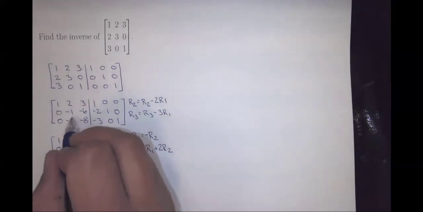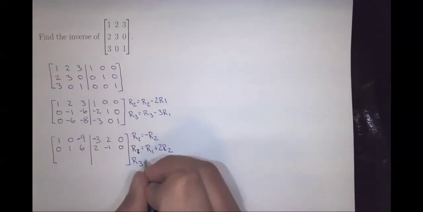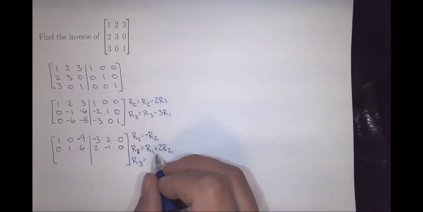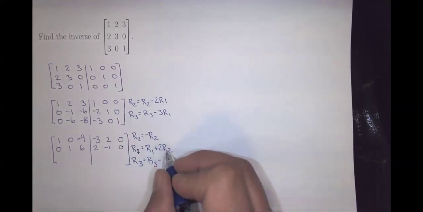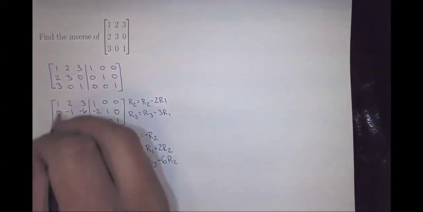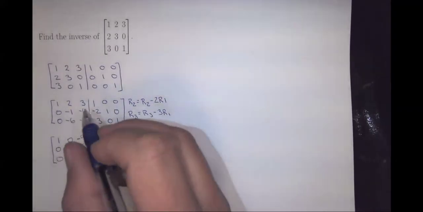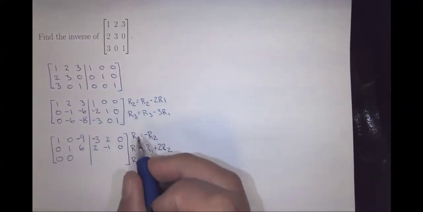We also want to eliminate this -6 here in row 3. So row 3 is going to be row 3 minus 6 row 2. So 0 minus 0 is 0. Minus 6 plus 6 is 0.